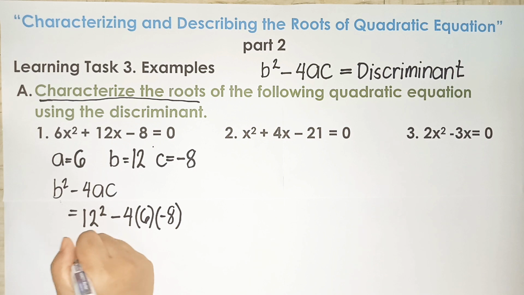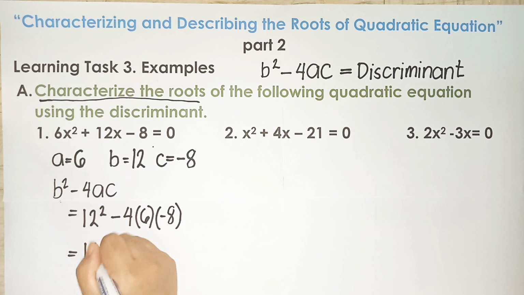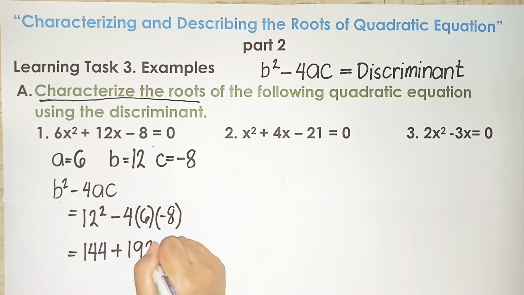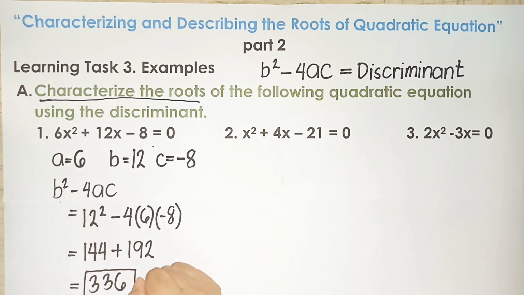Simplifying, 12 squared is equal to 144, minus 4 times 6 is 24, and times negative 8 will be positive 192. So we have 144 plus 192, which is equal to 336. Now, we already have the discriminant. The discriminant of this equation is equal to 336.